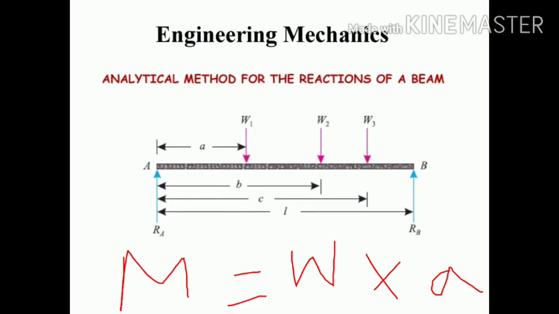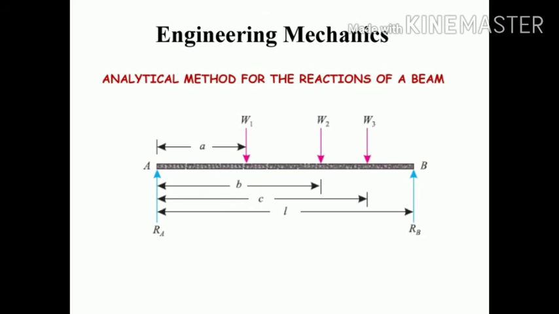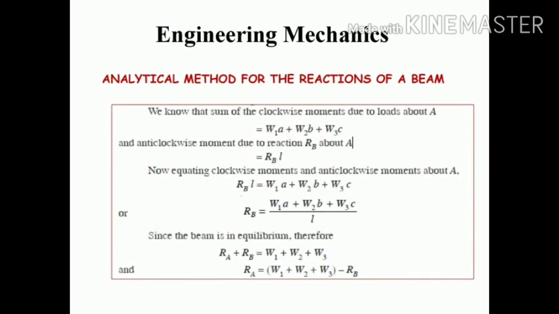If we take moments about point A, then we know that the sum of the clockwise moments is equal to the sum of the anti-clockwise moments. Clockwise moment is load into perpendicular distance.